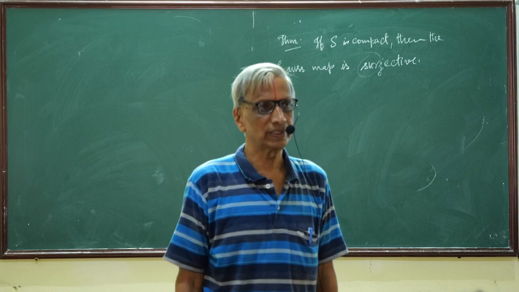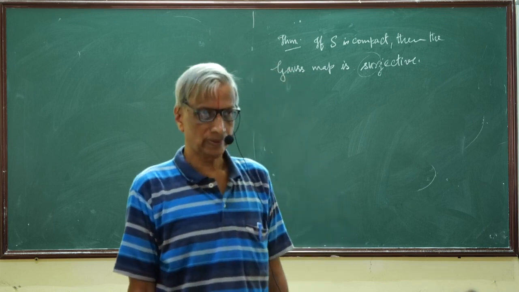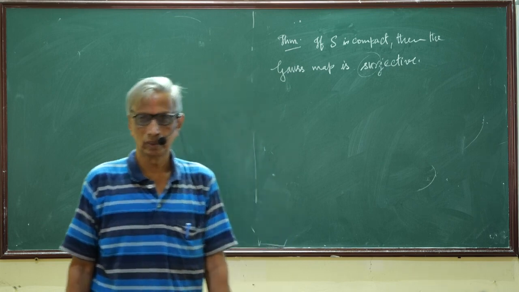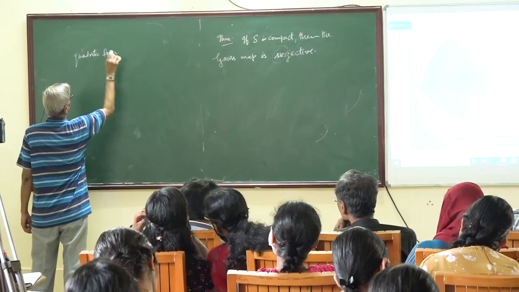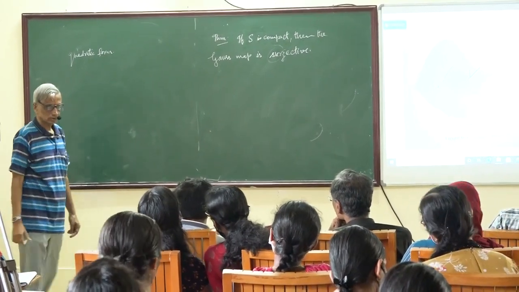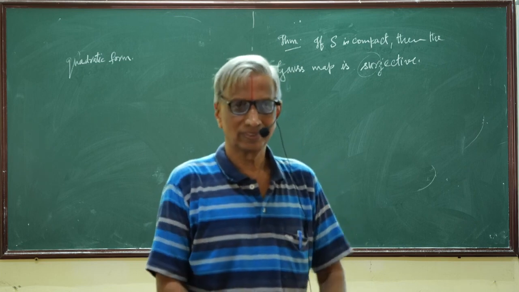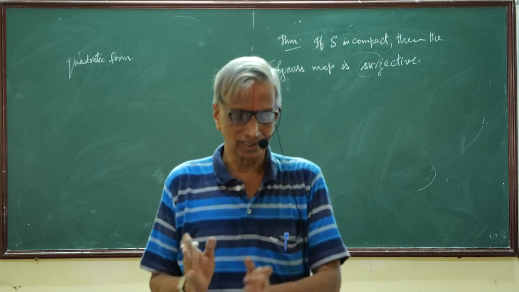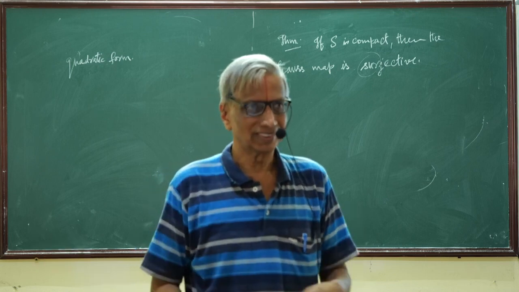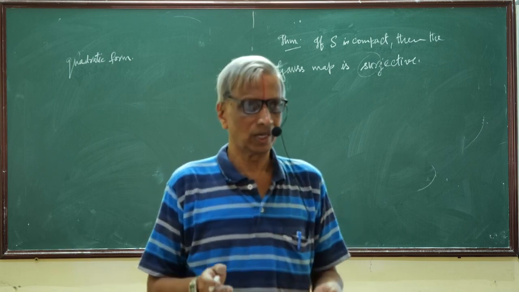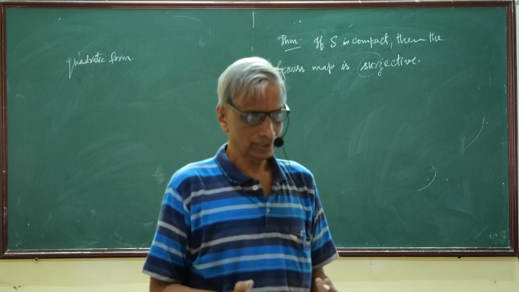Form here just means a quadratic form. So what is meant by a quadratic form? Classically, of course, it's in terms of square of something, square of something, plus. But what is it? So you have what are called bilinear forms, right?